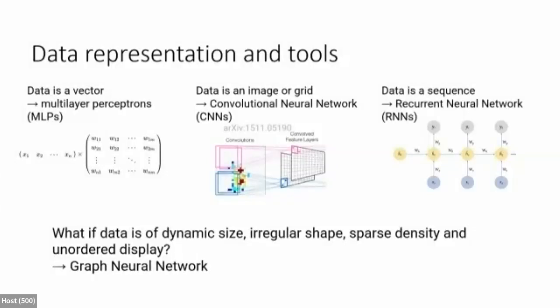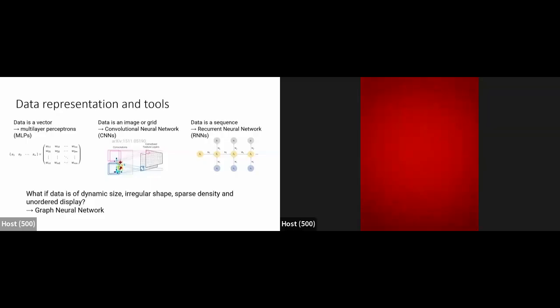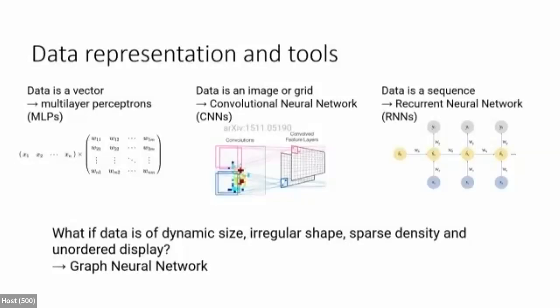For example, for multi-layer perceptrons, the data can be just a matrix or a vector. When we do image recognition or image processing tasks, data is an image or a grid. That's the input of a convolutional neural network. Or in the case of recurrent neural networks, data is a sequence, a time sequence.